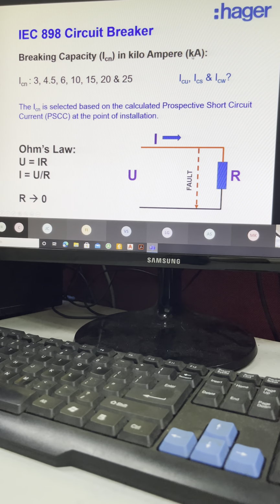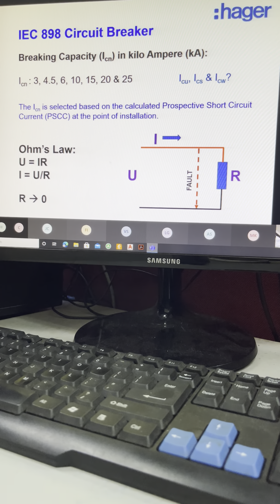Now your next option is to choose the ICS value in terms of percentage of ICU. Do you want your ICS to be 100% of ICU, just 75% of your ICU, or 50% of your ICU? It depends on your budget. Of course, if you have the money and the customers don't mind spending, then you put ICS at 100% of ICU.